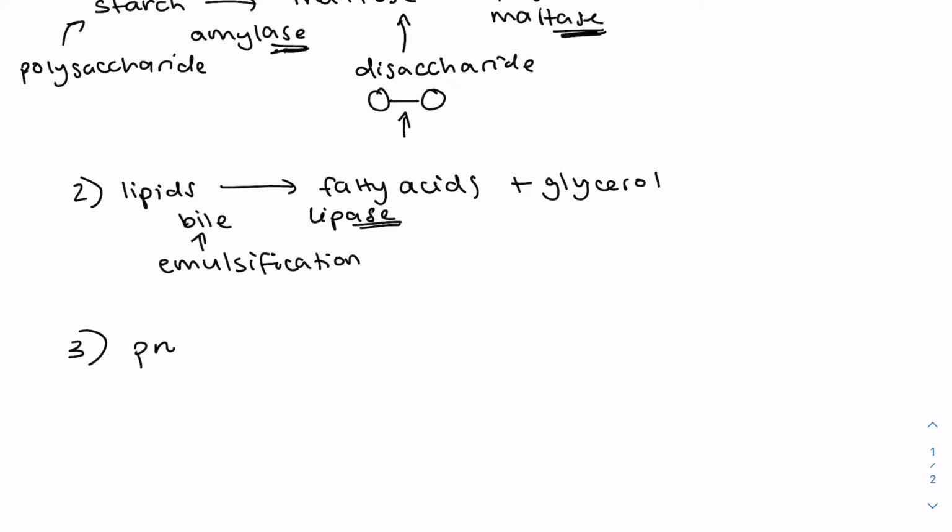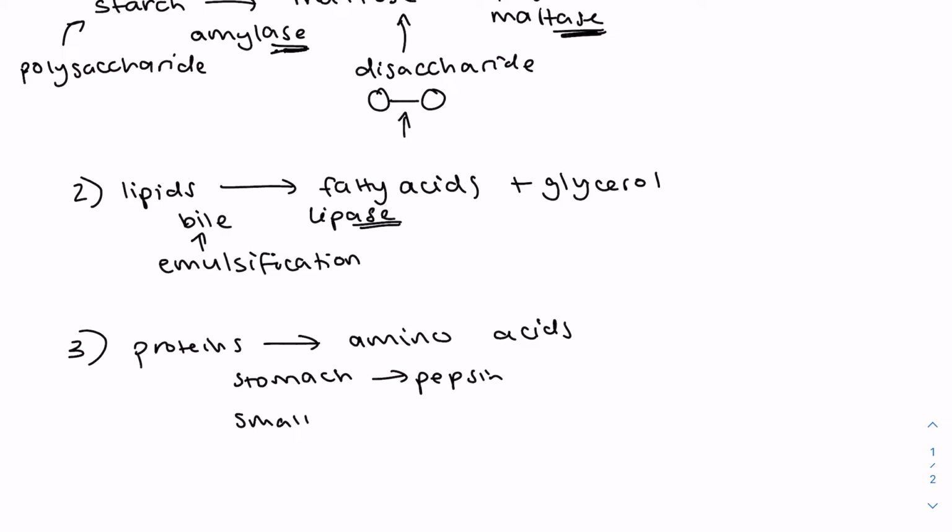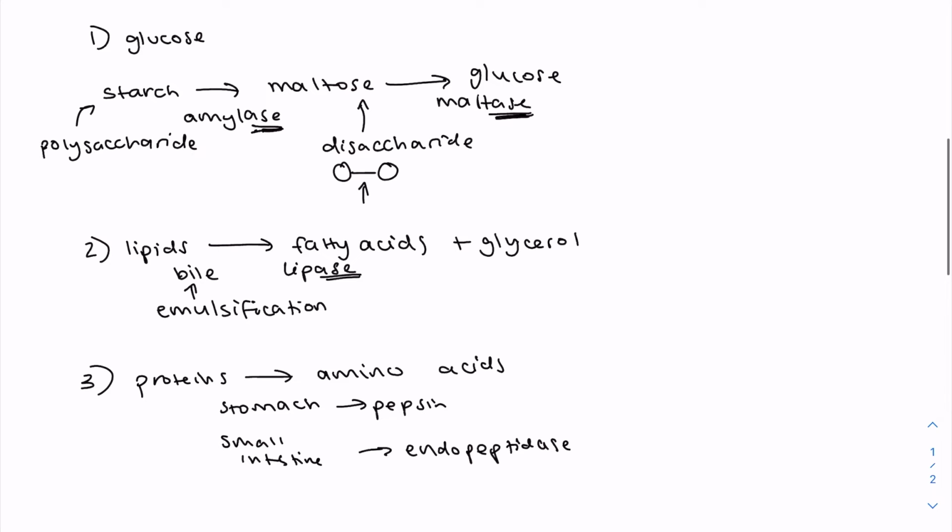So then proteins are broken down into amino acids, and in the stomach, this is done by pepsin, which only works in acidic conditions. Then in the small intestine, this is done by endopeptidase. And all of these enzymes are released by the pancreas.